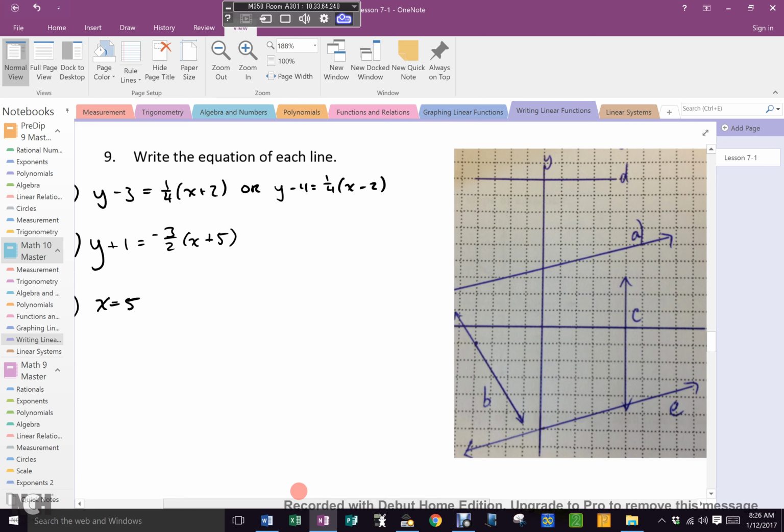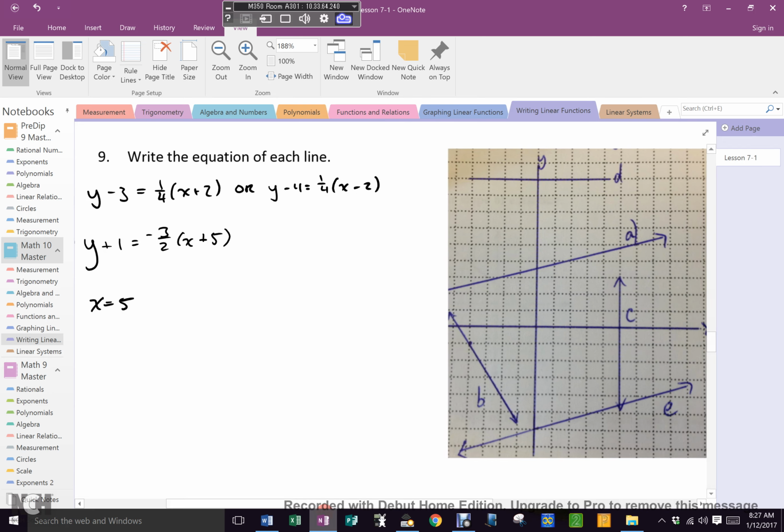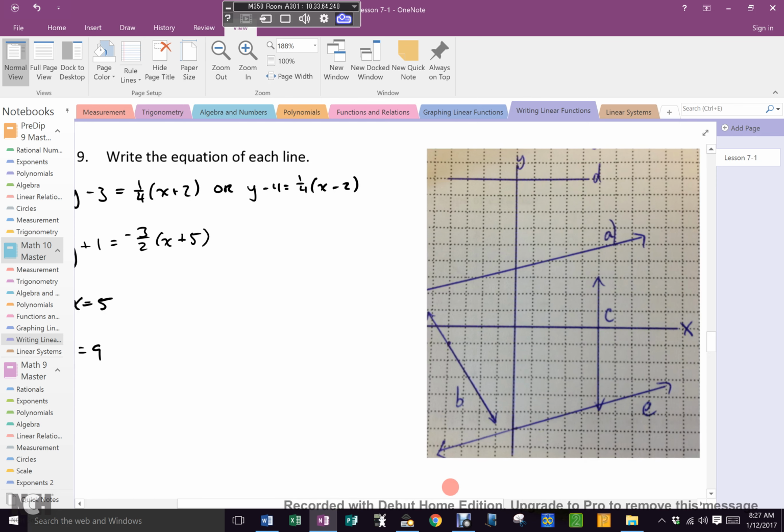Okay, so what's D? Y equals 9. Absolutely, of course it is. And E is the easy one. Why? Because I got my intercept right there, right? So all I got to do is find the slope.